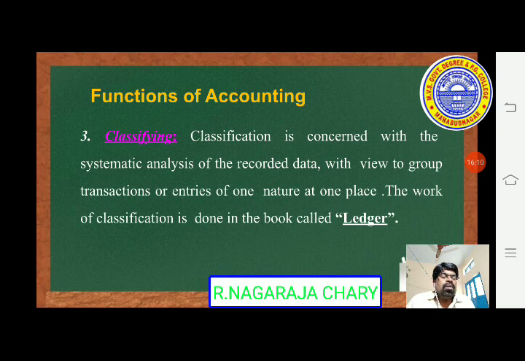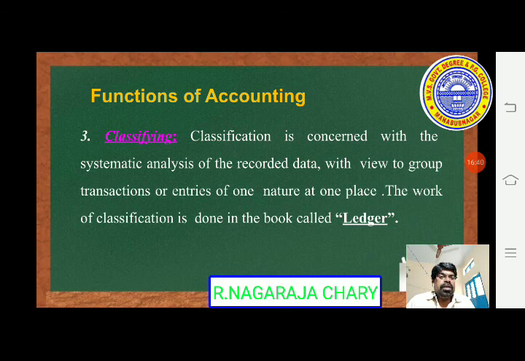Sometimes transactions may be done with one customer again and again. It may not be possible to know which transaction is done on which date and which amount. So we have to classify, according to the customers, according to the creditors. Like that we have to classify according to the nature of the transaction.